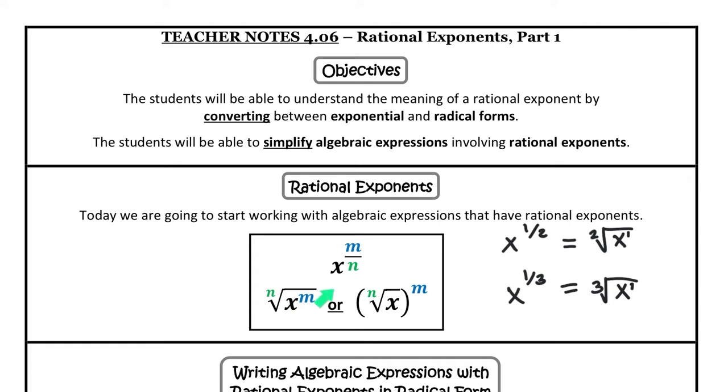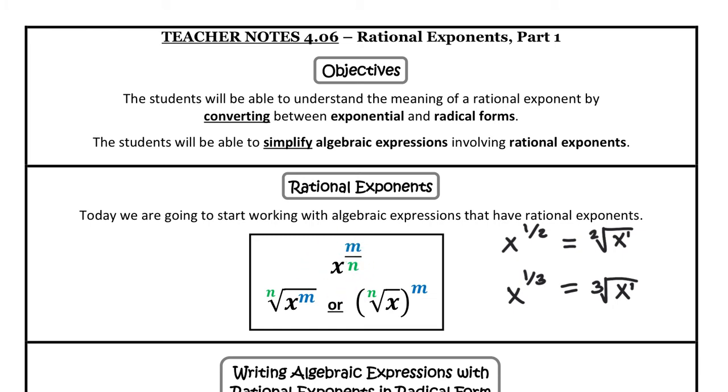And another way to write this form, the square root form, is you can also put the exponent that's inside, you can put it outside. And sometimes the problem has it outside, like it has it in one of these two forms, and we have to be able to know that these two forms can be rewritten into this form.